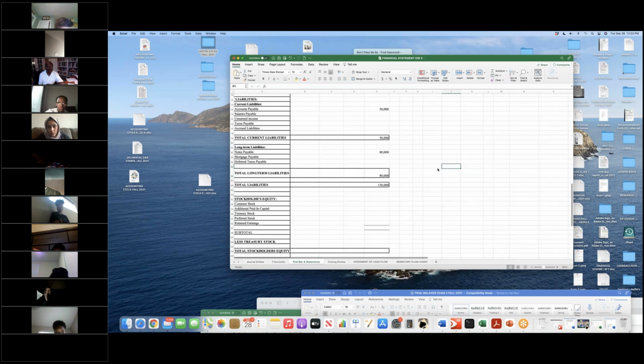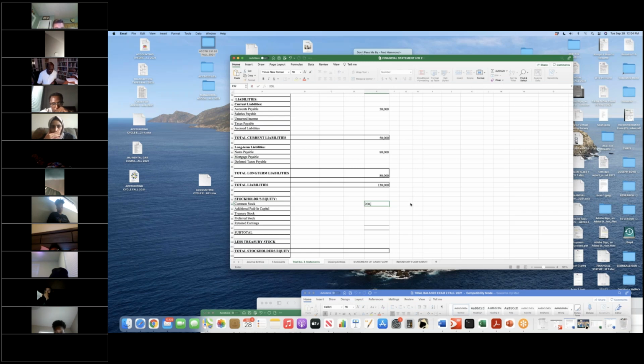Now we got to go down here and do stockholders' equity. So can we do stockholders' equity, Morgan? How much common stock we got on that trial balance? 200,000.